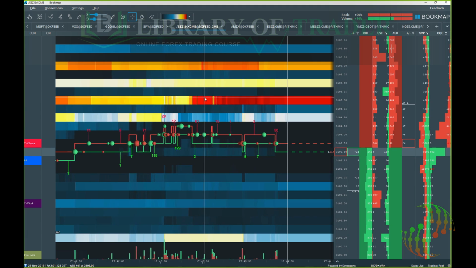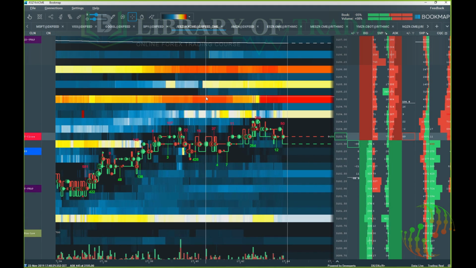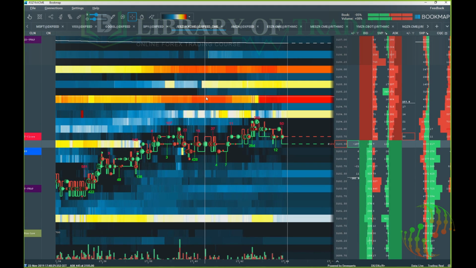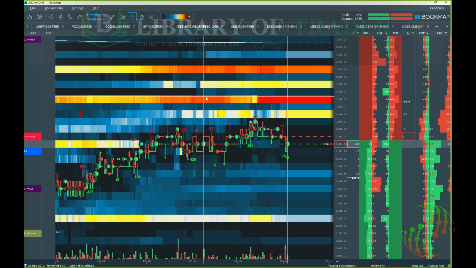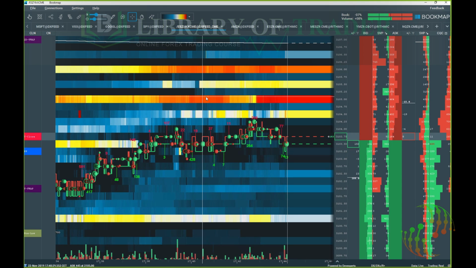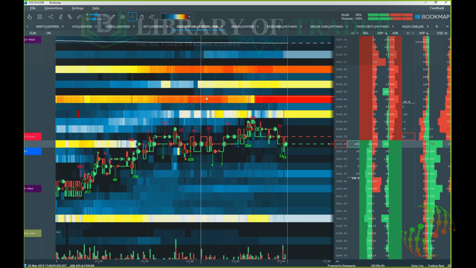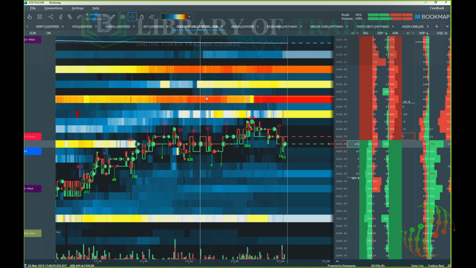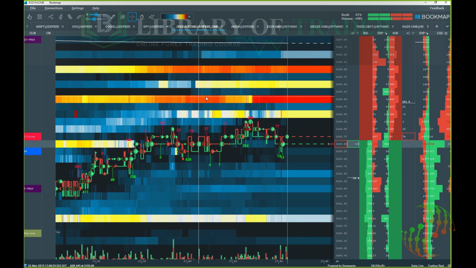It would be a great indicator, but anyway, I'm trying to show you the practical application of Bookmap trading, of limit order book trading, and I'm trying to show you how to put all these pieces together to get a whole picture and a holistic view of the market.